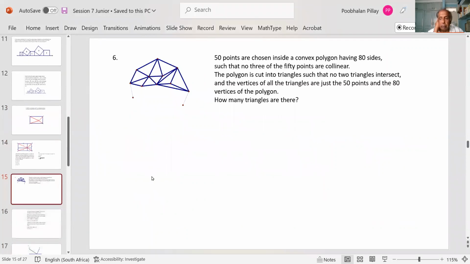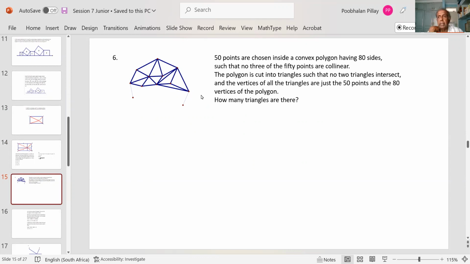Okay, we go on to problem number 6. Problem number 6 says that 50 points are chosen inside a convex polygon having 80 sides. All right. So we need to know something about polygons.